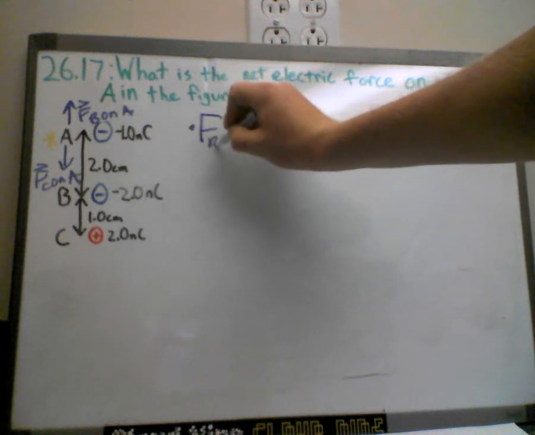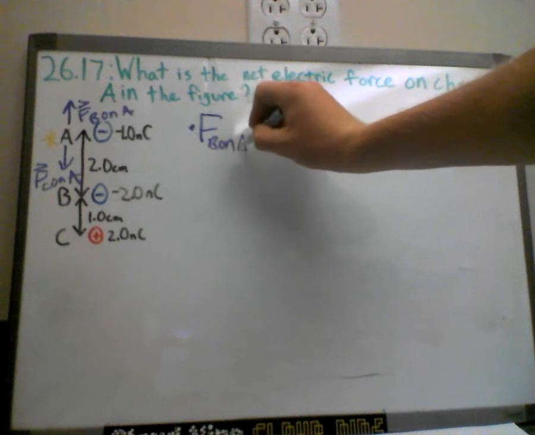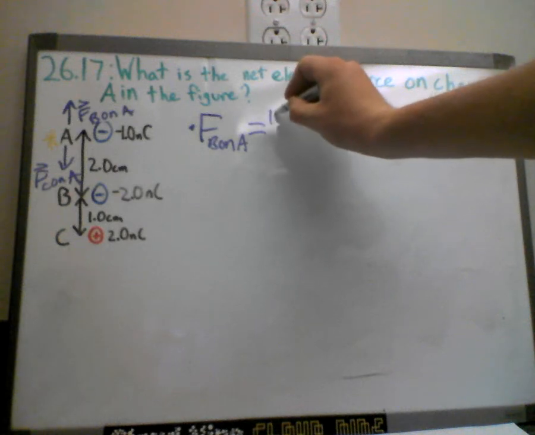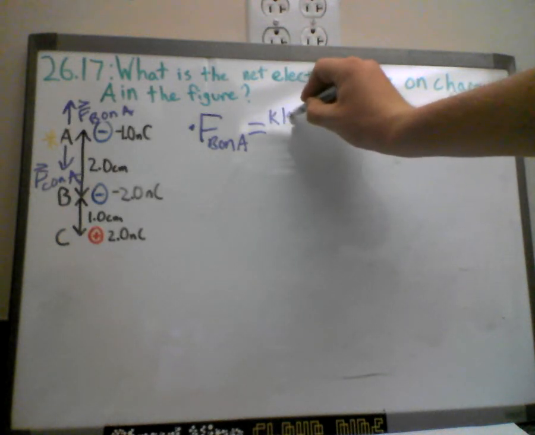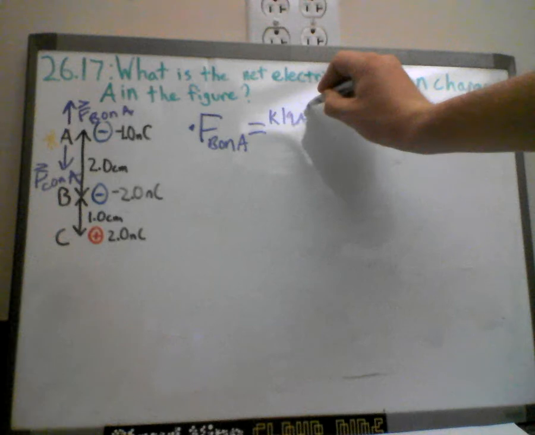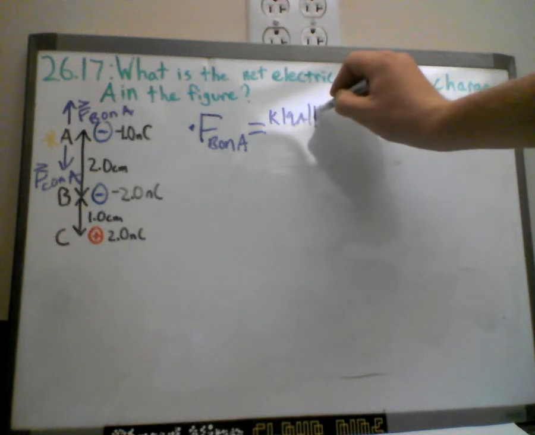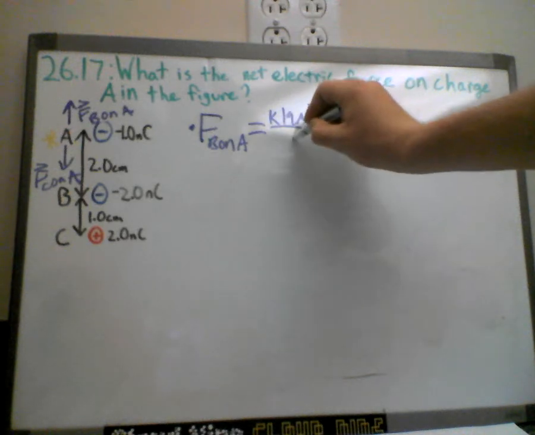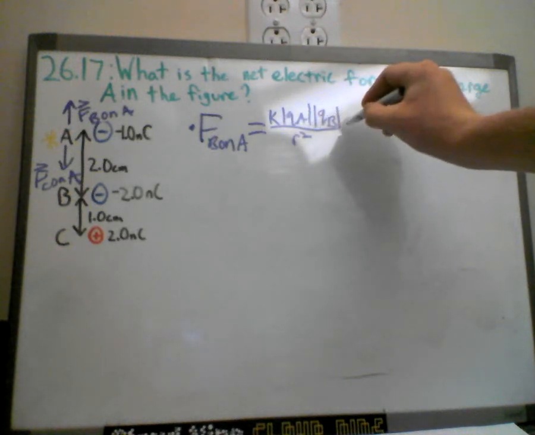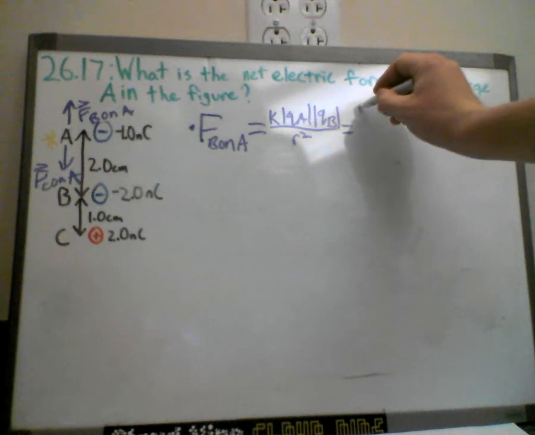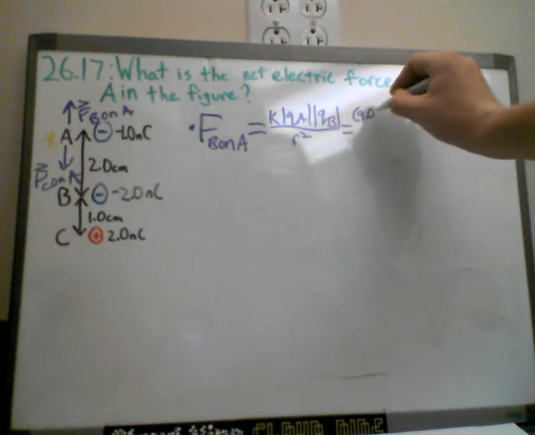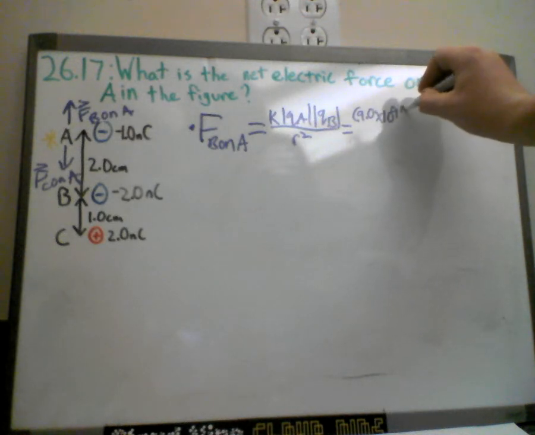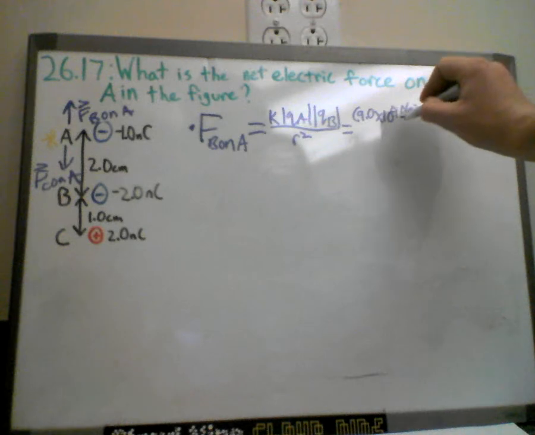So the force of B on A is equal to, using Coulomb's law, constant K times the absolute value of the charge of A multiplied by the absolute value of the charge of B divided by the distance between the two charges squared, which equals 9.0 times 10 to the 9th Newton meters squared divided by Coulomb squared.